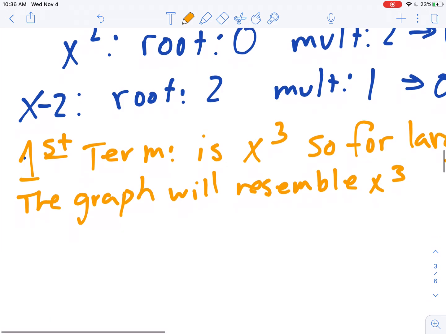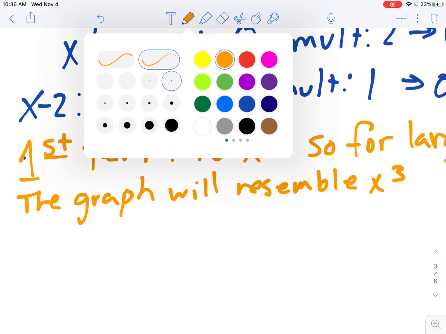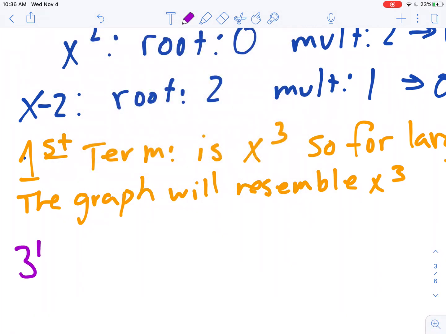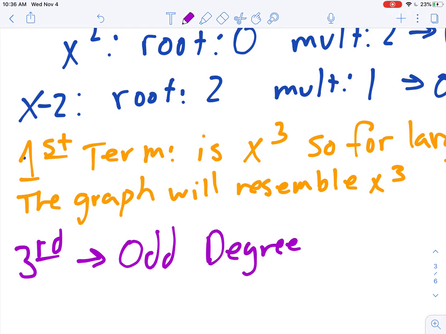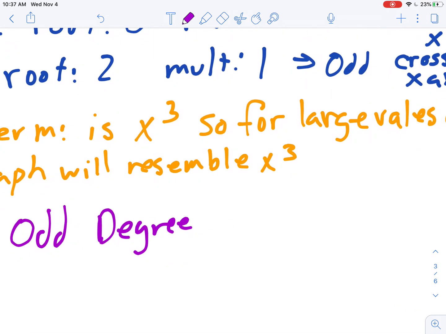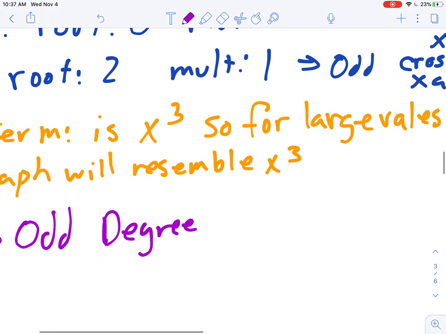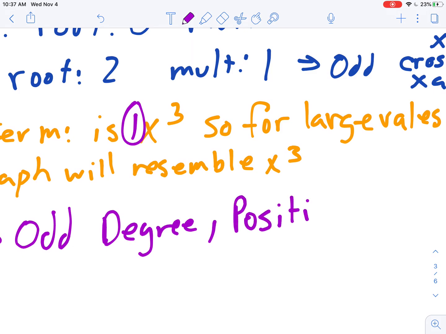This is odd. This is third degree. Let me change colors. Third degree, which is an odd degree. This first term of 1x cubed, we have an assumed positive 1 there. So since this is a positive 1, it means it has a positive coefficient.